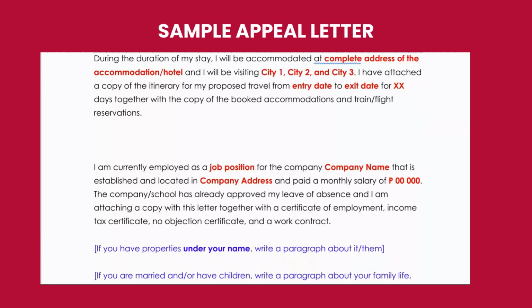You can even state the telephone number or the contact number, as well as your monthly salary. If your company or school has already approved your leave of absence, attach a copy of that. So these are the samples of attachments that you need to have.